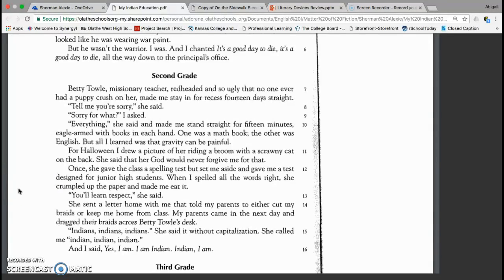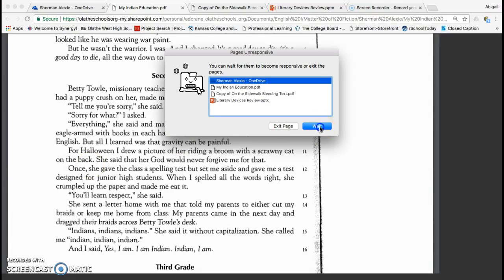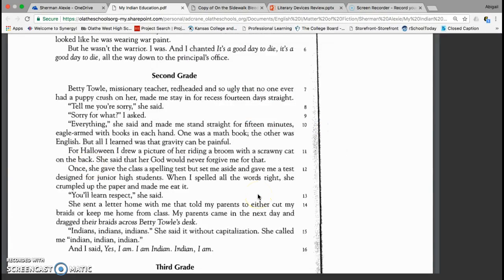Betty Towle, missionary teacher, red-headed and so ugly that no one ever had a puppy crush on her, made me stay in for recess, 14 days straight. "Tell me you're sorry," she said. "Sorry for what?" I asked. "Everything," she said, and made me stand straight for 15 minutes, eagle-armed with books in each hand. One was a math book, the other was English.